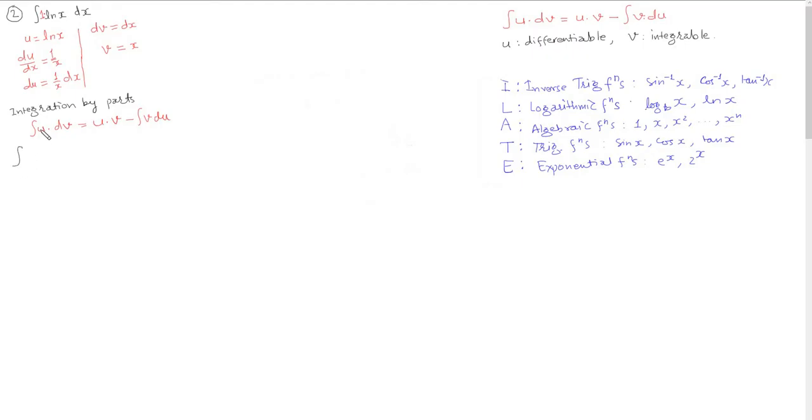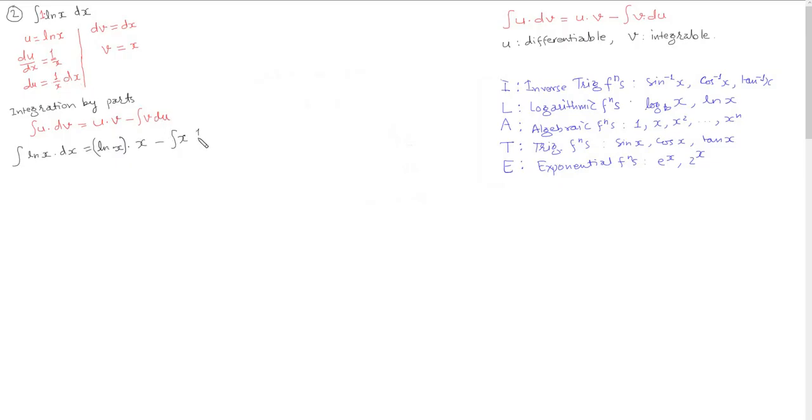Now you can realize that this u is ln of x and dv is dx. This u is ln of x, v is x, times x, just to make sure that we don't get confused with this one, minus integration of v is x, and du is 1 over x dx.